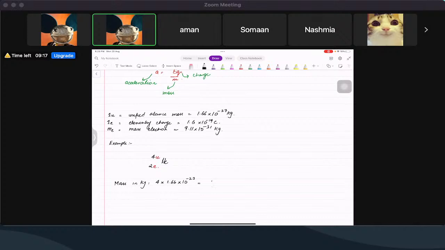That comes out to be 6.64 times 10 raised to minus 27 kilograms. And the charge in coulombs will be 2 times 1.6 times 10 raised to minus 19. So that should come out as 3.2 times 10 raised to minus 19 coulombs. Is it clear, everybody? So you can basically convert it like that.